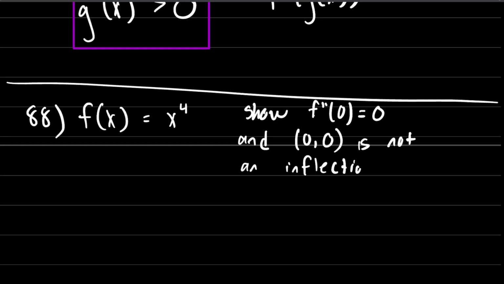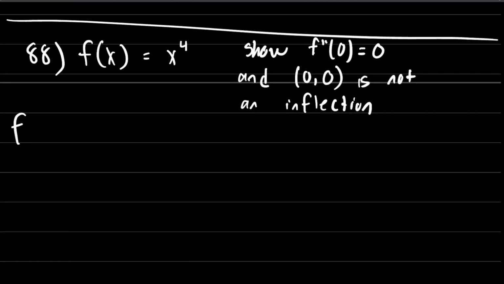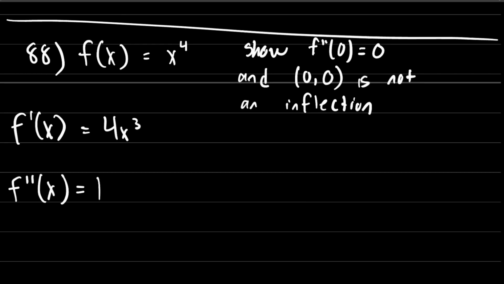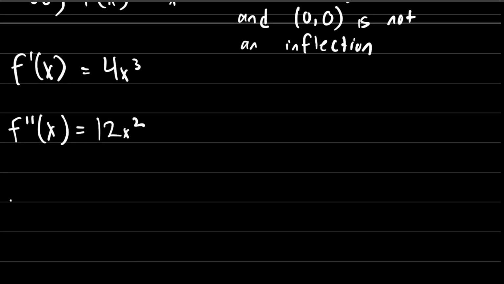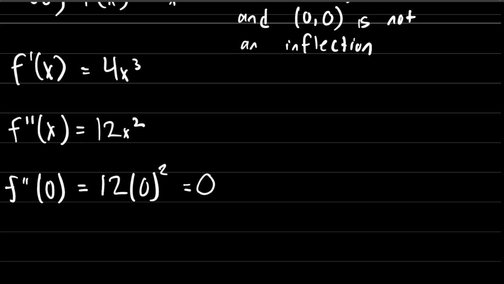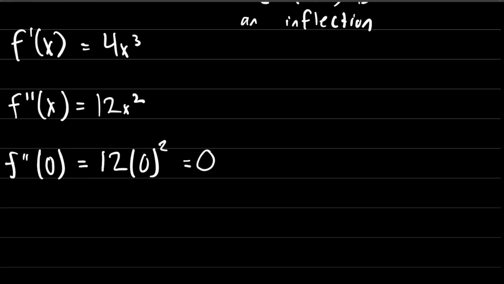So this isn't too bad. All we have to do is say that f prime of x is equal to 4x cubed, f double prime of x is equal to 12x squared, and then we can say f double prime of 0 equals 12 times 0 squared, which equals 0. Already we're done with the first half of that problem.